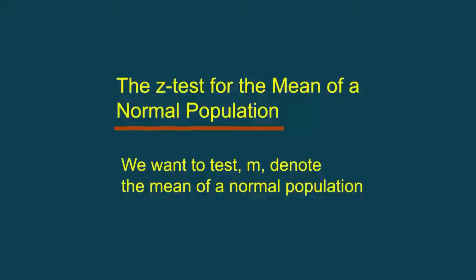This goes back to the Z-test, where we go for a normal population. For a normal population, when we go for the Z-test, we want to explain the properties of this Z-test, whether Z follows an underlying normal distribution. In this regard, we want to say that the mean of the normal population is taken care of.